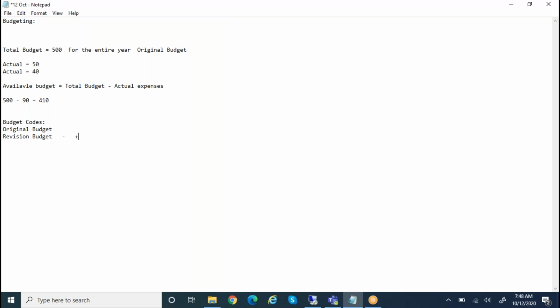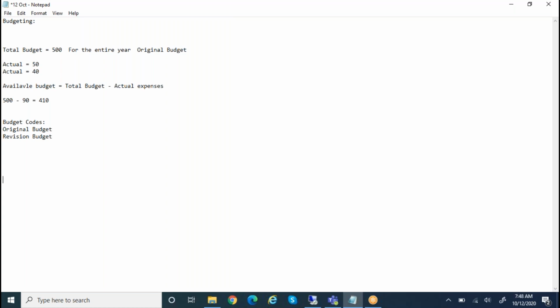They are working day and night. So for them, I need to increase the budget. So this revision budget may be increased or it may be decreased.